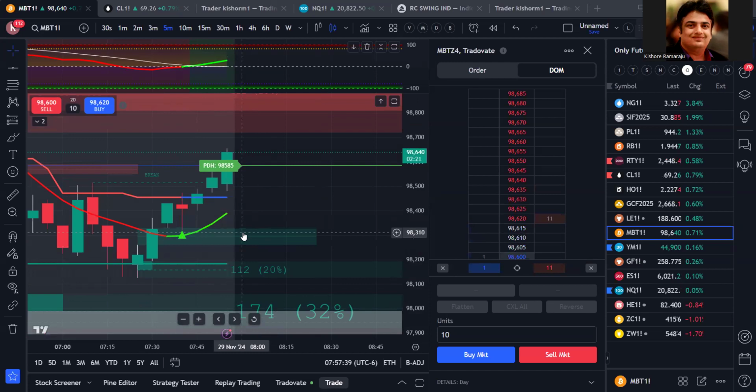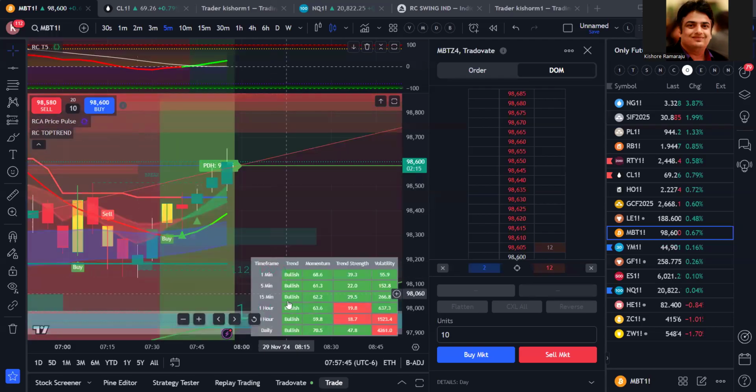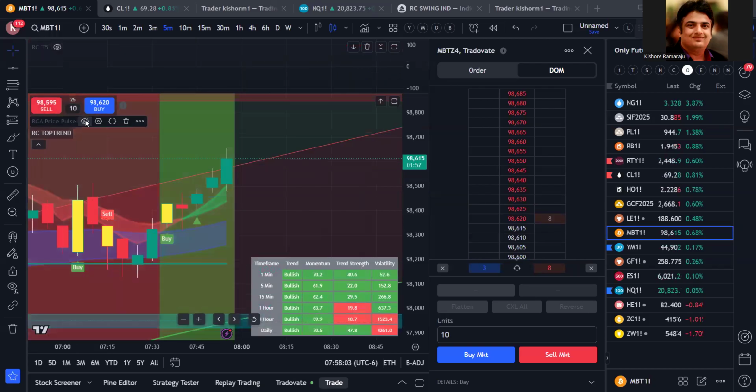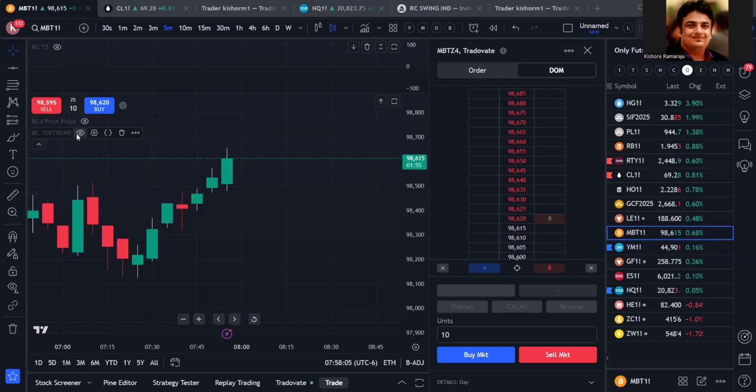Your T5 is also telling that it is going up, and then your top trend is also showing that it is bullish, it is momentum, there is a lot of strength in the trend. Good, right? It is positive, right? It is not too volatile or too little volatile. So when all three indicators are giving you the same signal, you have very low risk, right?